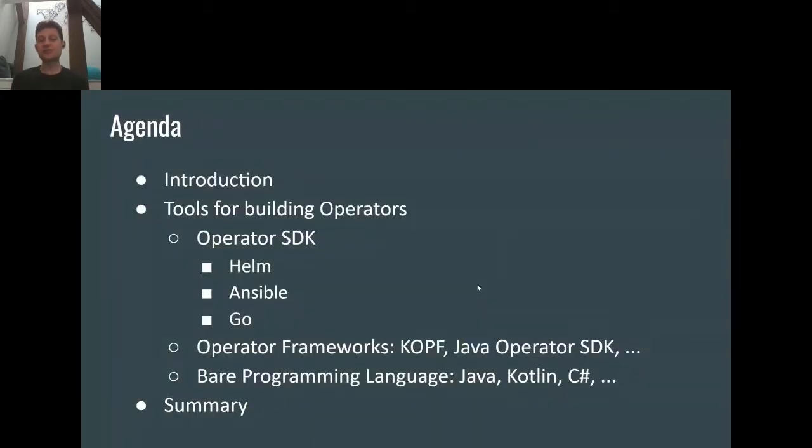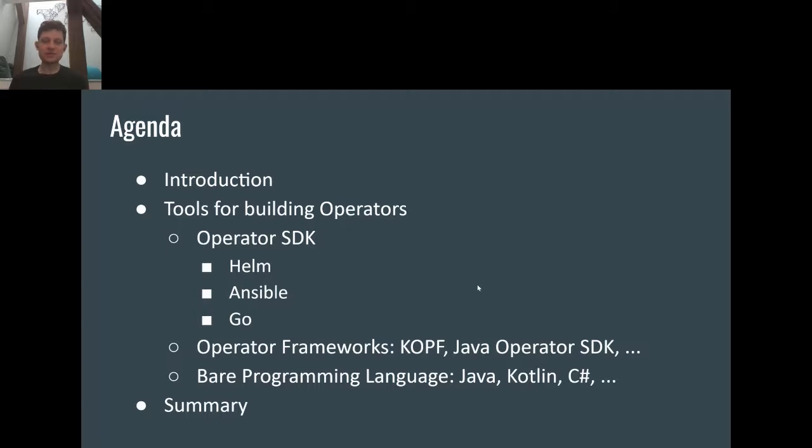Our agenda for this talk is pretty simple. First, there will be a short introduction, and I will set up the context: what is an operator and how to use it. And then we will walk through all possible ways you can implement your operator. We will start from the most popular solution, using Operator SDK with Helm, Ansible, and Go.